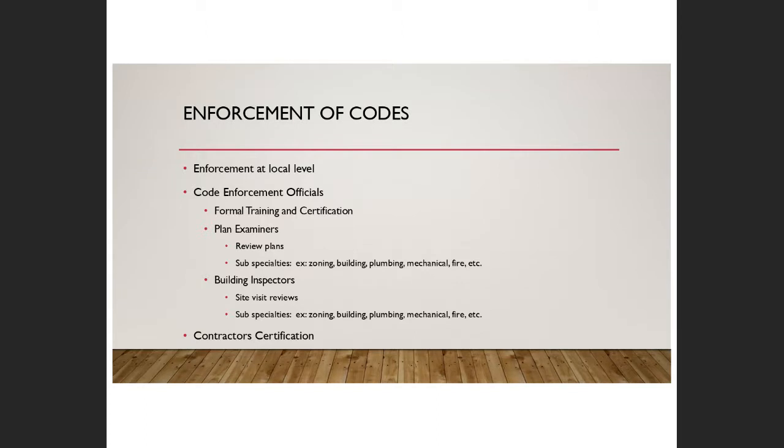If you're going to pull a permit, you probably have to show your contractor's license before they'll give you a permit. If you're a plumber or an electrician, they're going to want to see your license before they issue a building permit. So those are the ways that jurisdictions will enforce the building codes.